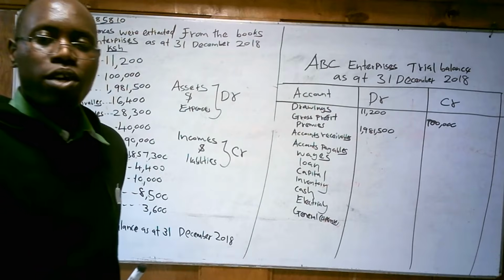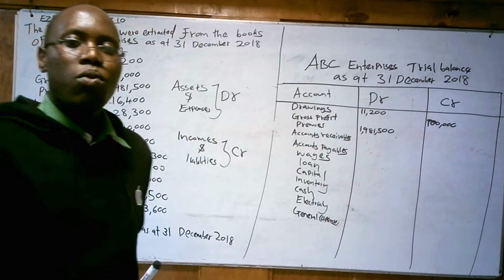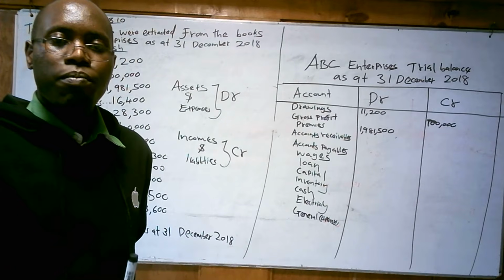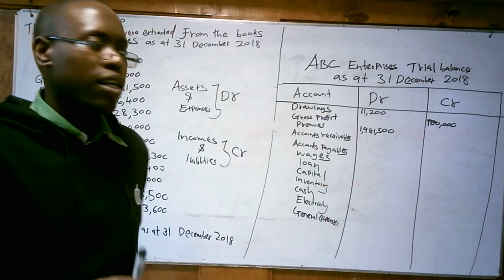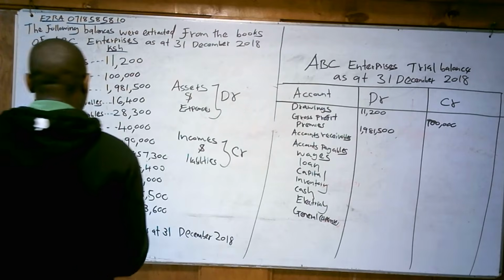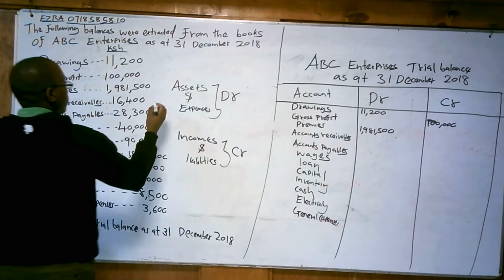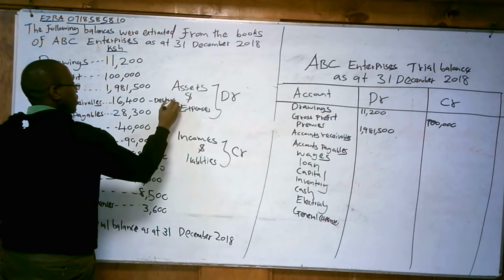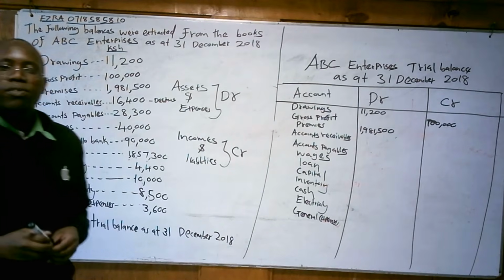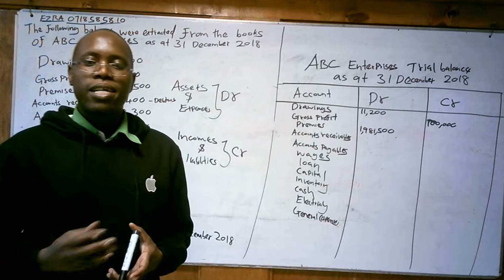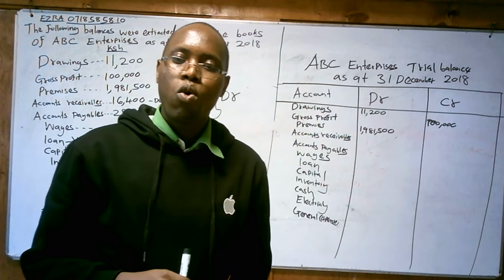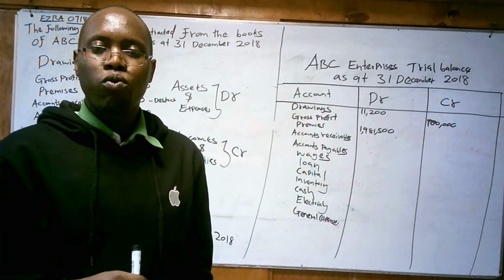And then we have the accounts receivable. The other name for accounts receivable is actually debtors. So when you see the word accounts receivable, we can also call them debtors. And the debtors are actually your credit customers. They are the people who owe you. They are supposed to pay you.